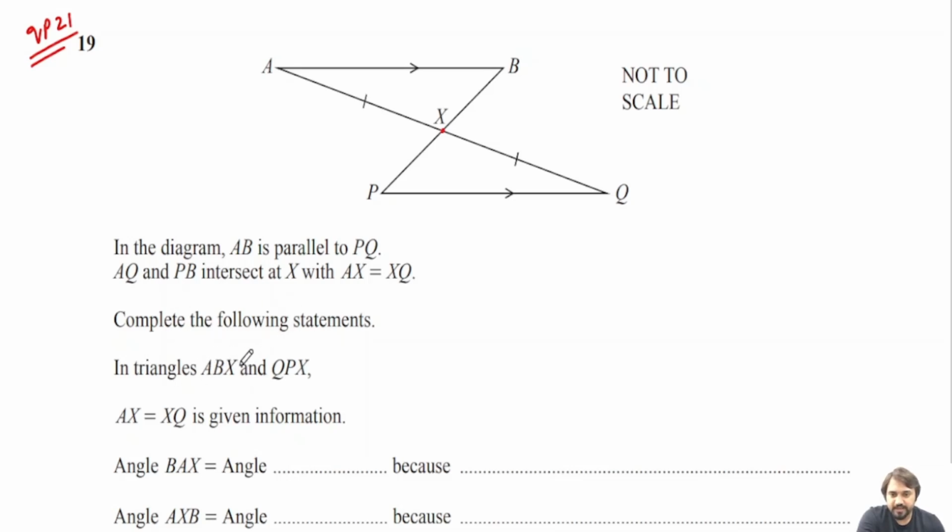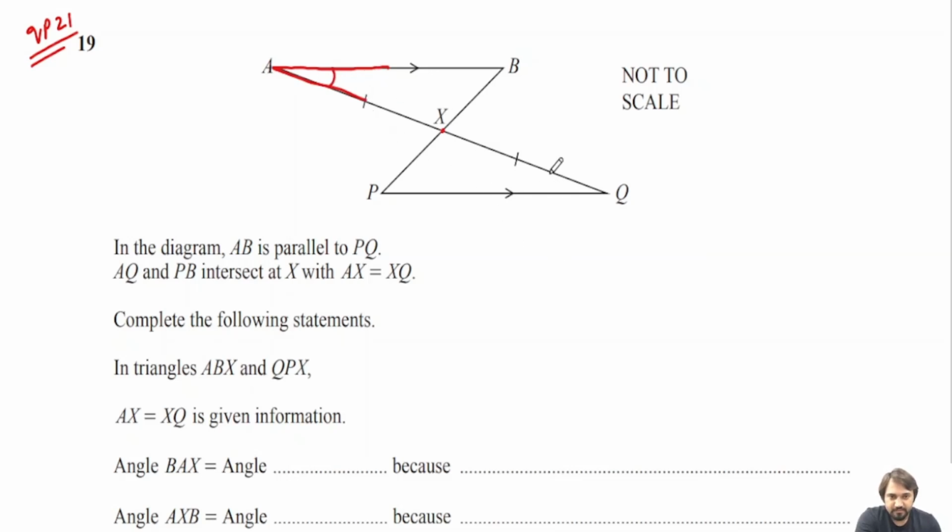In triangles ABX and QPX, AX is equal to XQ. This is given, AX is equal to XQ. Angle BAX is equal to which angle, and why? We have to tell. So we are talking about this angle BAX. This angle is equal to which angle?